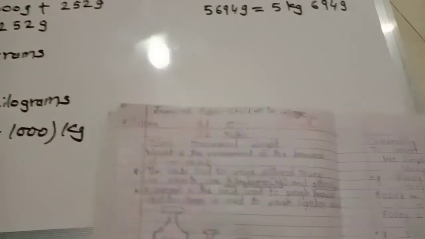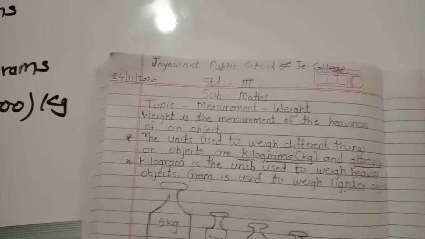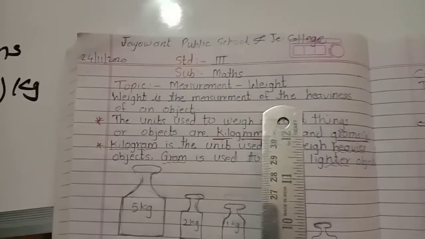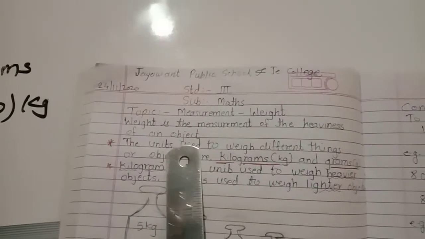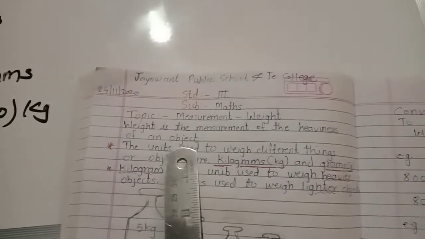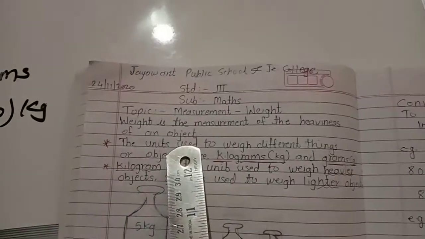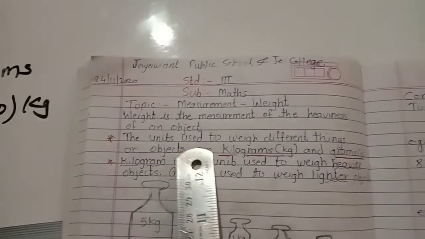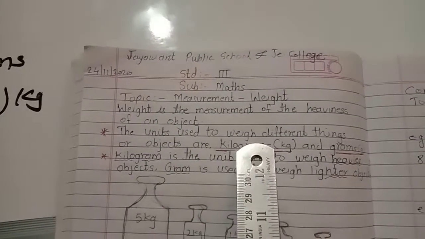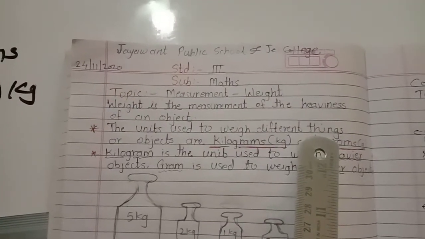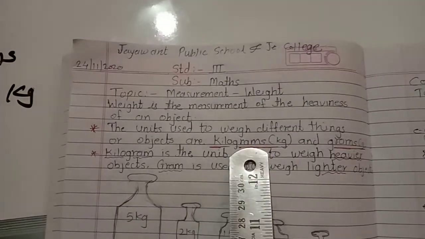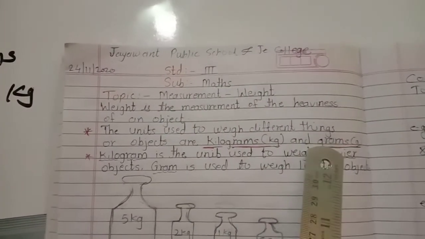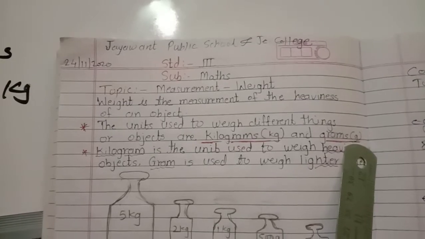So in weight, what is meant by weight? Weight is the measurement of the heaviness of an object. The units used to weigh different things or objects are kilograms, that is kg, and grams, g.